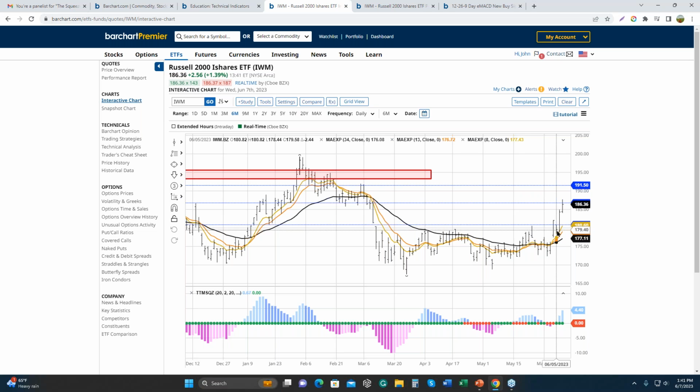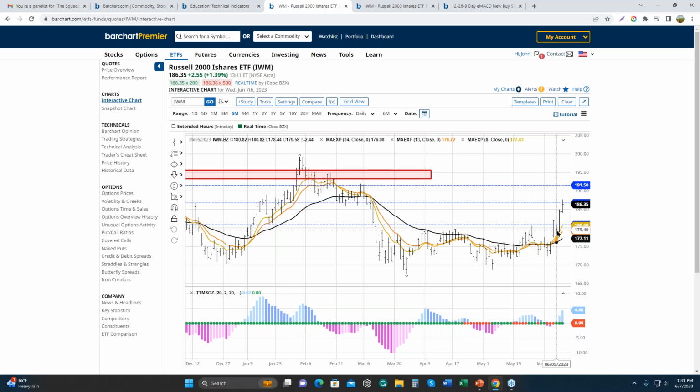So 179.50 minus 1.75, that would be below 178. At that point, if the IWM got below 178 over the next day or so, I would exit that trade.